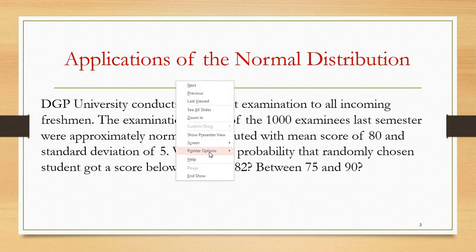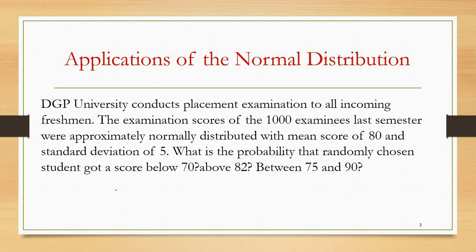And here we have our random variable. Let's suppose it is x. So x is what is normally distributed? The examination scores are normally distributed.